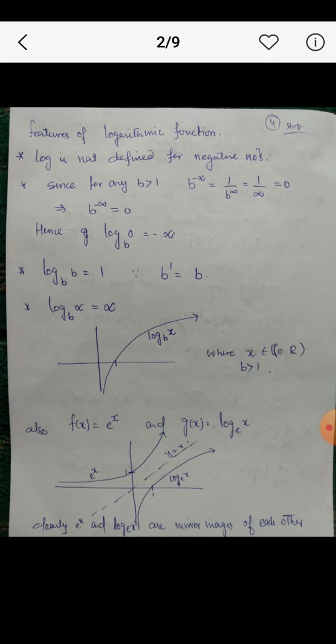This is another way to check whether two graphs are inverses of each other or not. Draw a line through the origin as y equals x. If these two graphs are mirror images, then you can say that these are the graphs of two functions which are actually inverses of each other.